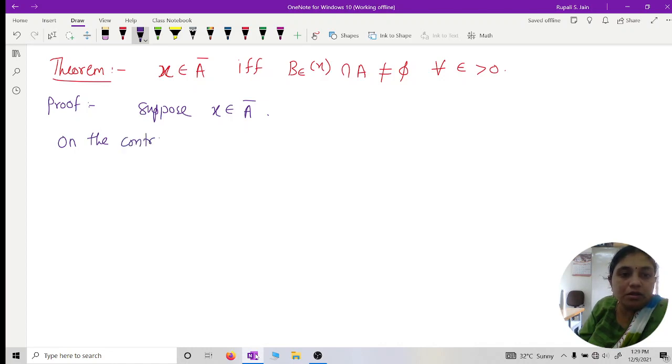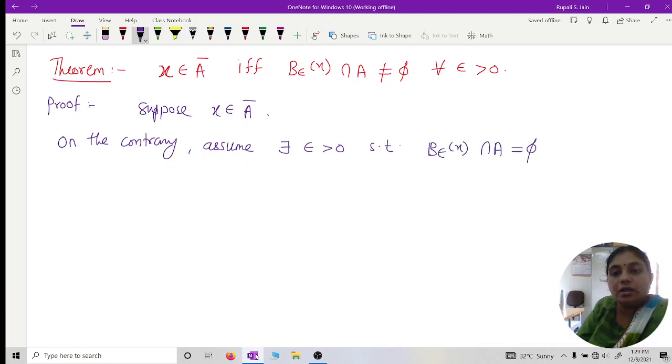On the contrary, assume there exists epsilon greater than 0 such that B epsilon of x intersection A is empty. Okay. So what does this imply? A is contained in which set? A is contained in the complement of B epsilon of x. And how is the complement of B epsilon of x? It is closed.